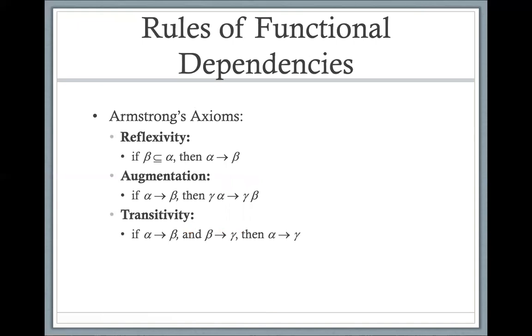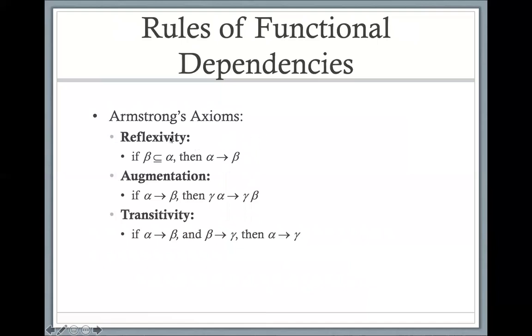So we'll understand a little bit more about functional dependencies and then we'll see how to characterize whether a table is poorly designed or suffers from redundancy and anomalies and how to fix that. So basically, we have a set of axioms called Armstrong's axioms on functional dependencies.